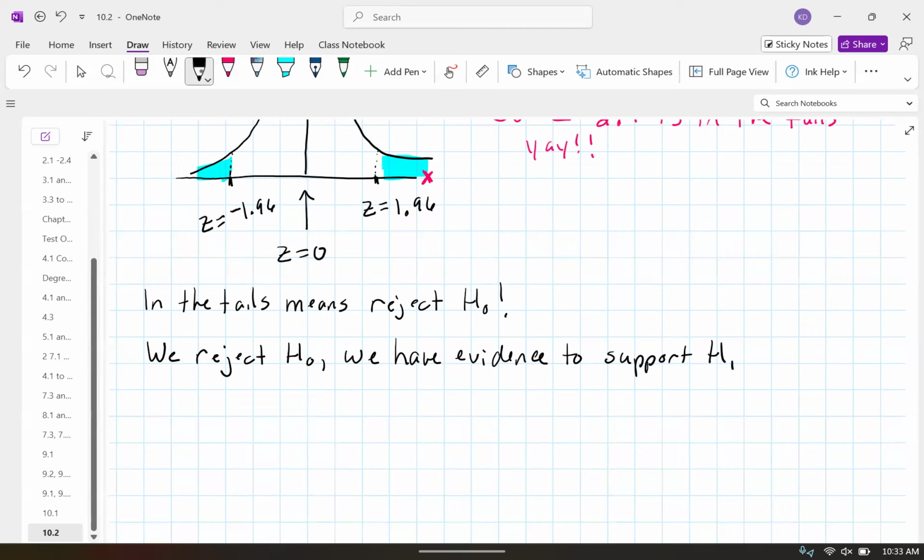So we have evidence to support our alternative hypothesis. We can't say we proved it because we don't have enough data, but we support it. We think it's possibly true.